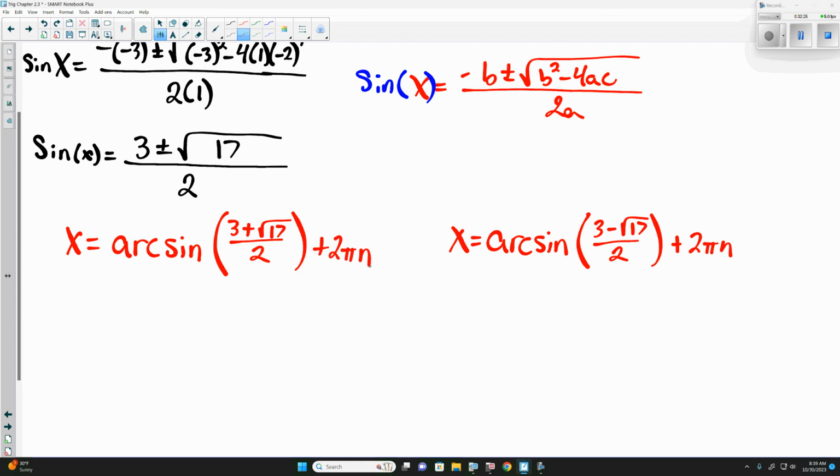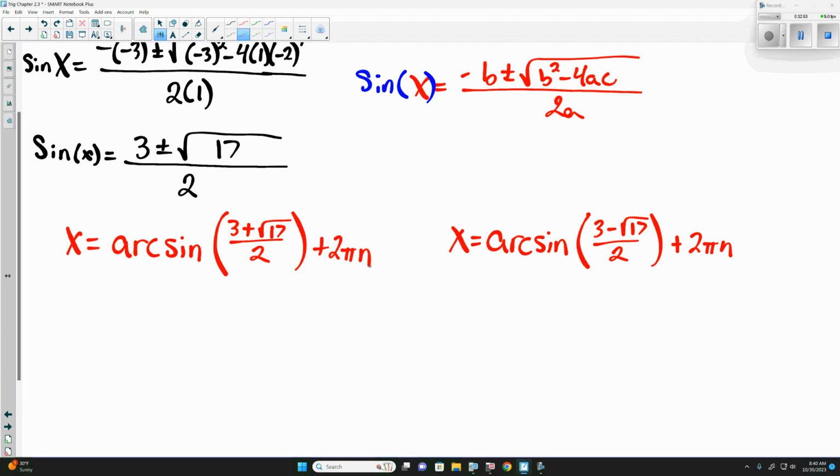Now, because it is sine, we do have the 2 pi in. Now, this seems odd because we do have multiples of 2 pi. I mean, we're putting the 2 pi in, but we said it's restricted between 0 and 2 pi. Obviously, 3 minus the square root of 17 over 2 and 3 plus the square root of 17 over 2 are not on the unit circle.